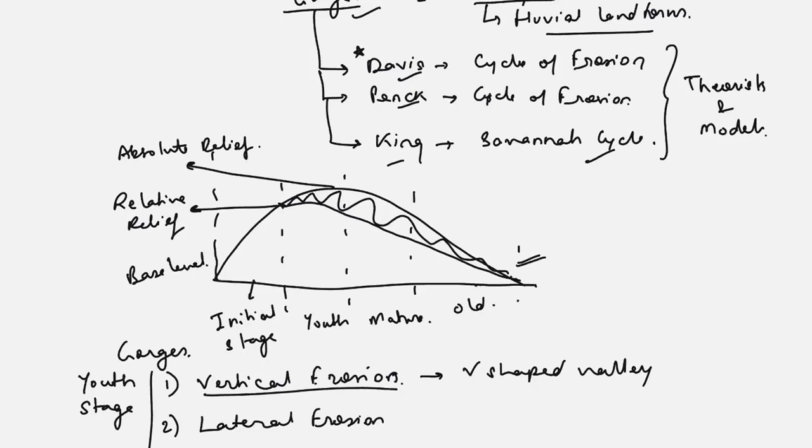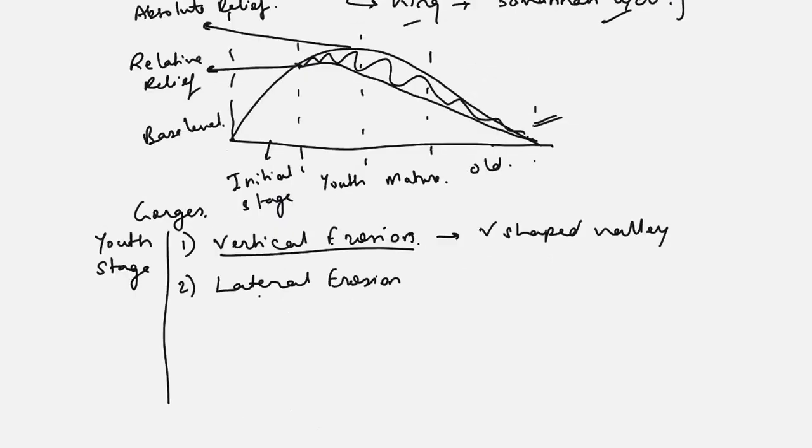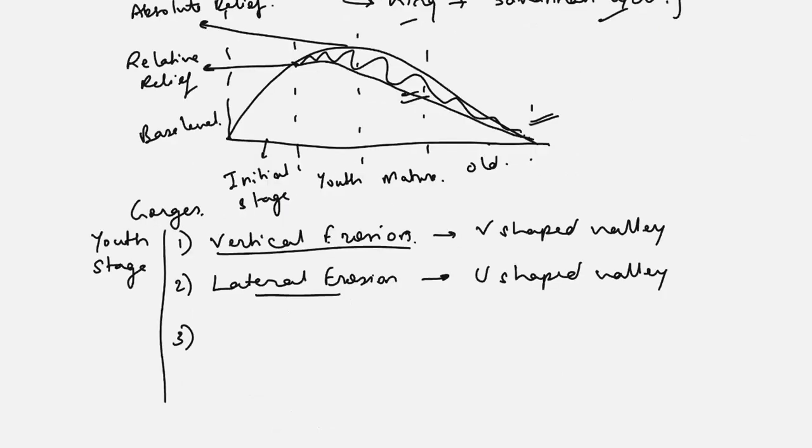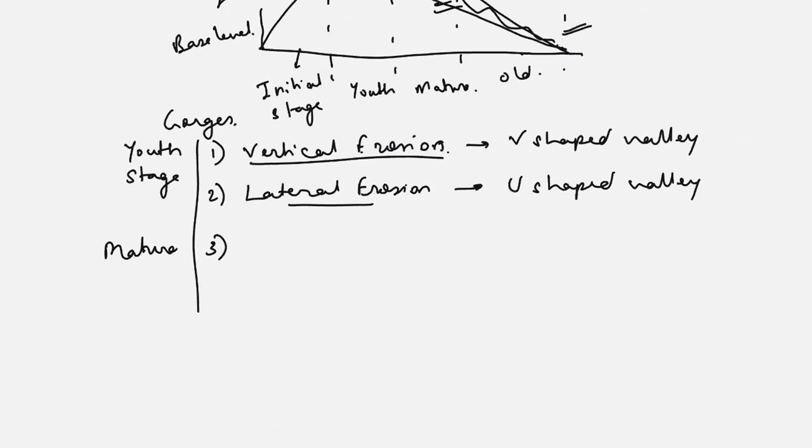Lateral erosion helps in the formation of the U-shaped valley. After that, when it goes to the mature phase, lateral erosion is higher than vertical erosion.